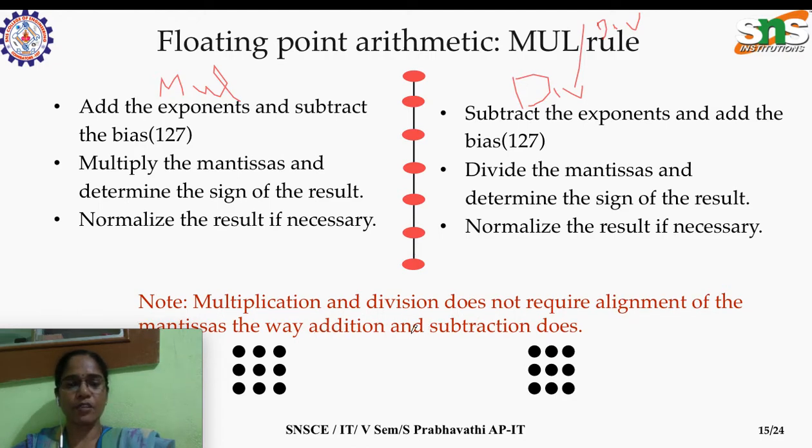Only for addition and subtraction is the alignment of mantissa required. So directly add the exponents and subtract the bias for multiplication, and for division subtract the exponents and add the bias. These three points we need to follow for multiplication and division.